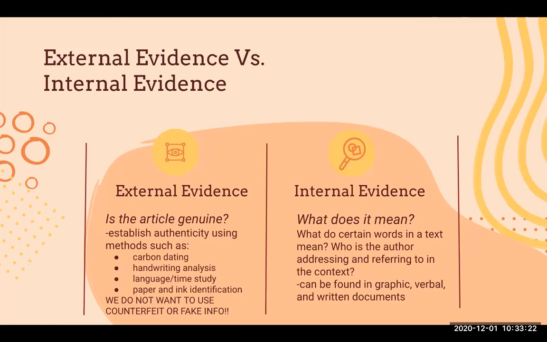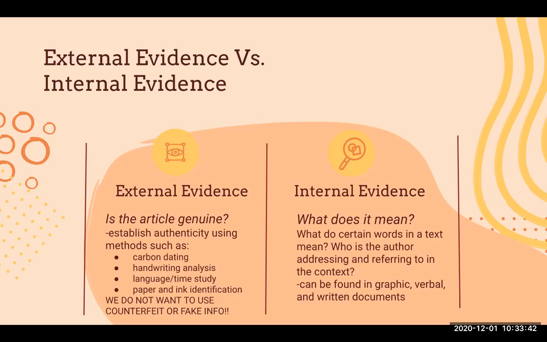The first thing we will need to do is analyze some external evidence versus internal evidence. So what are these items? In this fashion, external evidence, or evidence in general, is not what we normally think of as evidence.